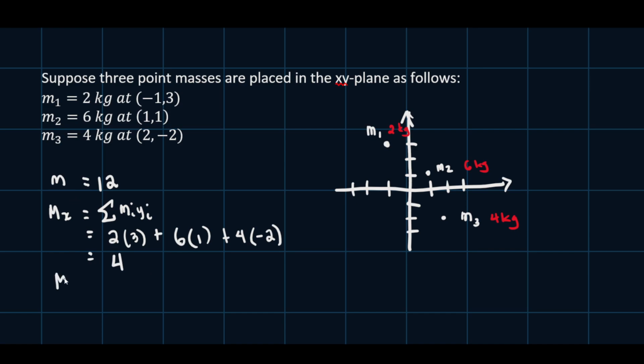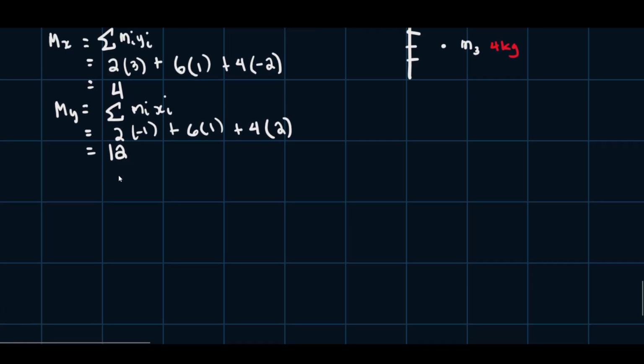And the moment about the y-axis is given by the summation of m sub i, x sub i, which when written down will be 2 times negative 1 plus 6 times 1 plus 4 times 2. So simplifying this, we have negative 2 plus 6 plus 8, or that is equal to 12. Therefore, the center of mass is given by x bar, y bar.